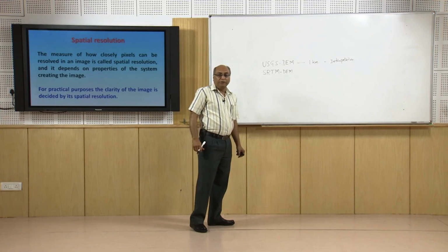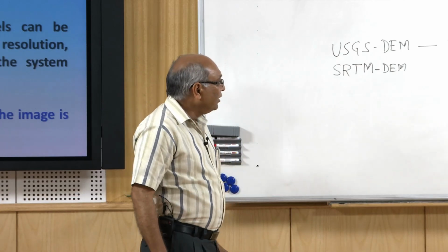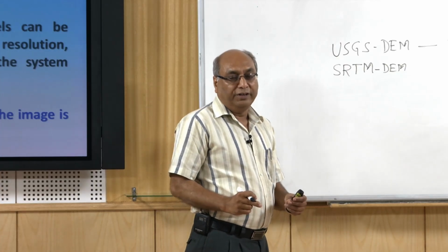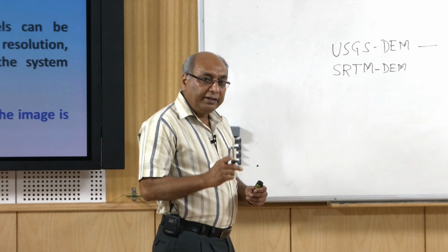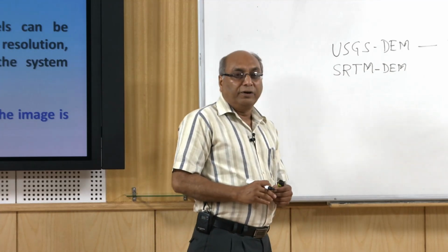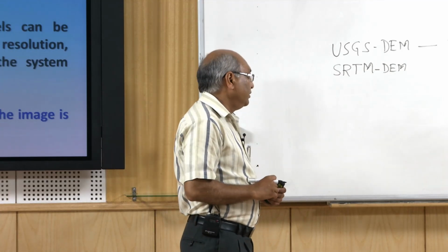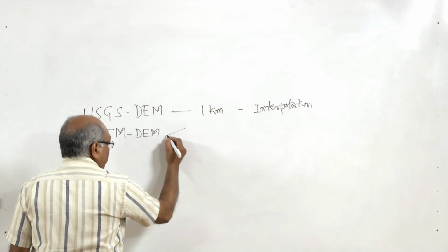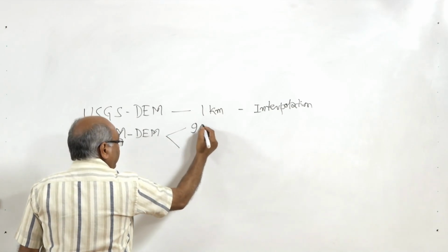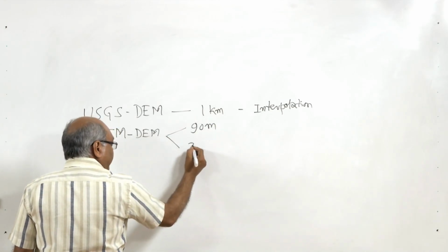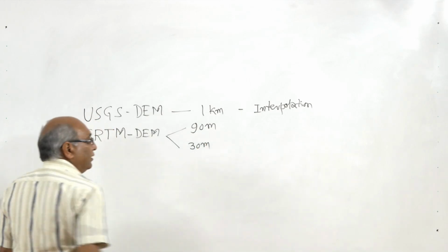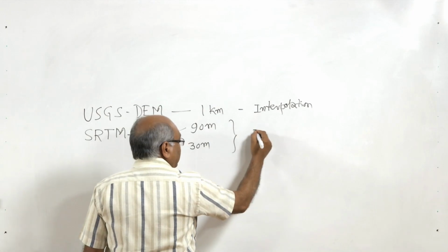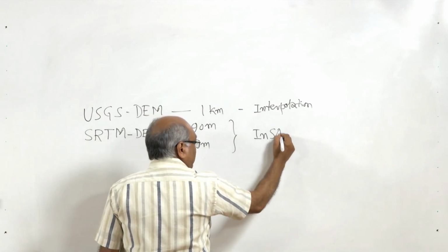Basically this was about a 20-day mission of NASA, which used the SAR interferometry technique of remote sensing and covered almost 90% of the globe except the polar regions, and created DEMs for the globe at 2 different resolutions: one at 90 meter and one at 30 meter. So the method here is InSAR, SAR interferometry.